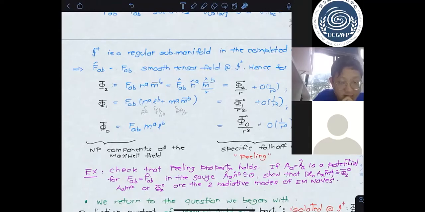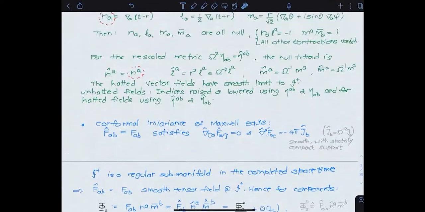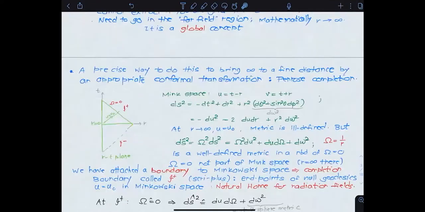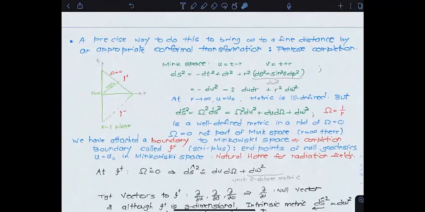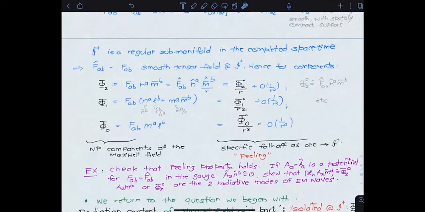And because the Maxwell field is smooth at Scri, because F hat AB is equal to FAB, and F hat AB is in a conformal space-time, and in the conformal space-time Scri is just at a finite distance. And so if you have some source doing something, then at a finite distance, everything is perfectly well defined.